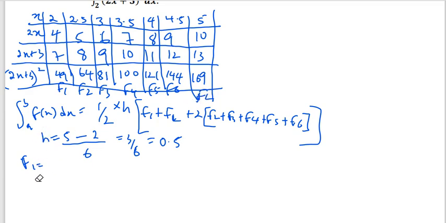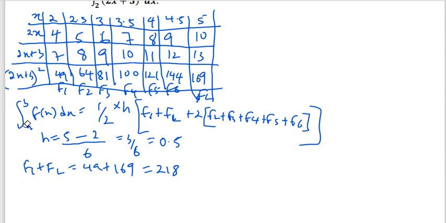So let's add f1 plus the last, that's the first plus the last. That'll be 49 plus 169, which gives us 218. Now the sum of the remaining ordinates, that's f2, f3, f4, f5 and f6.